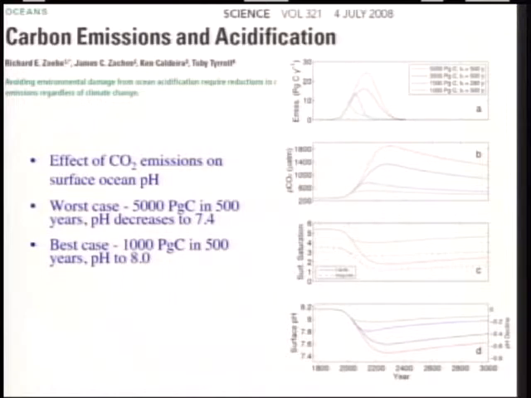In this scenario, you get a pH change or a change in surface saturation that's fairly mild, although the question of mild really depends on which organisms you're looking at. And I think that's obviously an open question. But this was just our attempt to lay out what various emission scenarios might do to surface ocean pH. And again, the model that we use is effectively the same one we use for simulating the PETM.